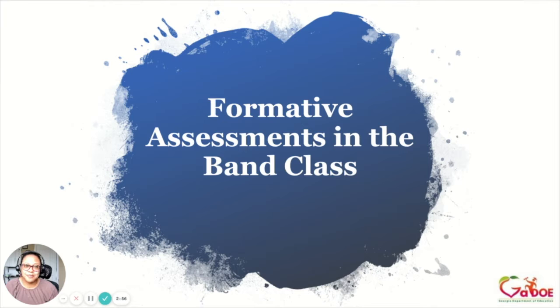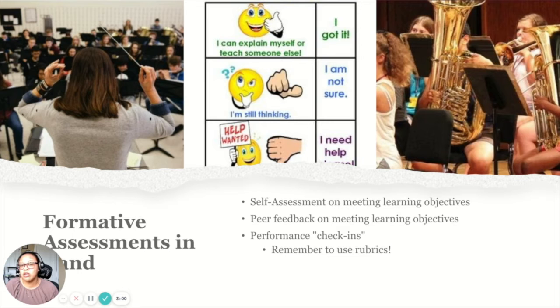All right. So, specifically, formative assessments in the band class can look like this: self-assessments on meeting learning objectives, so getting kids involved in assessing their own progress, peer feedback on meeting learning objectives, how are we doing, not just me, how are we doing, and then performance check-ins.